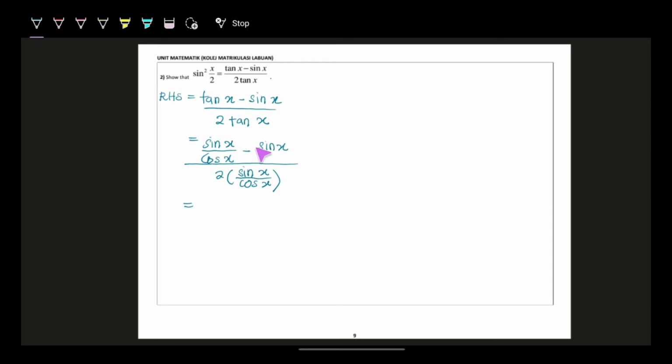Okay, and we make the denominator the same. So we will have cos x over cos x divided by this.